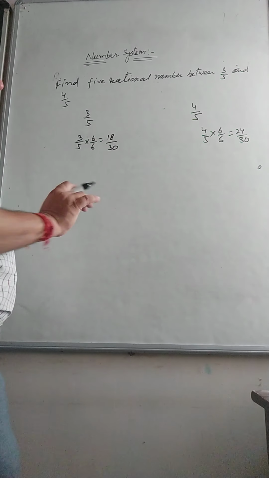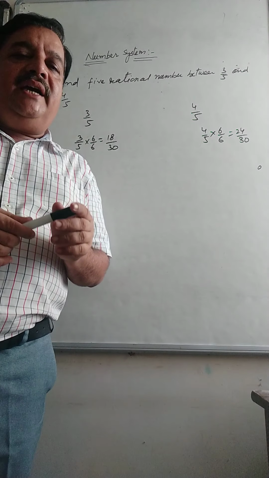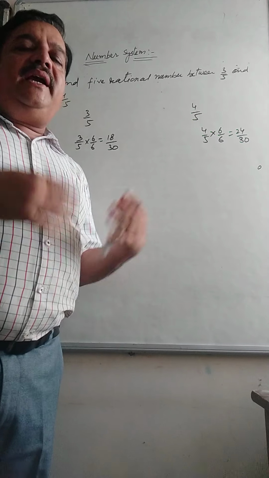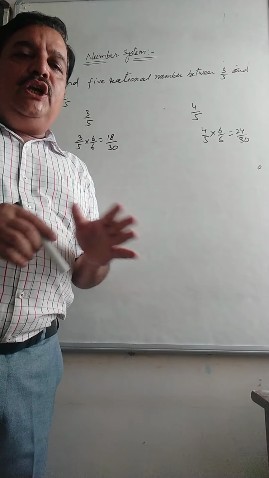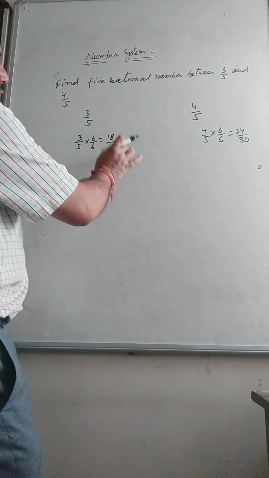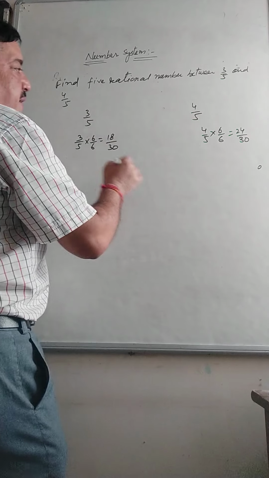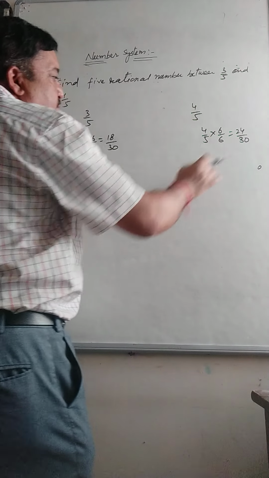Because every number can be multiplied by 1, as 1 is the multiplicative identity. Whenever we multiply any number by 1, it makes no difference to the value of that number. So 3 upon 5 equals 18 upon 30, and 4 upon 5 equals 24 upon 30.